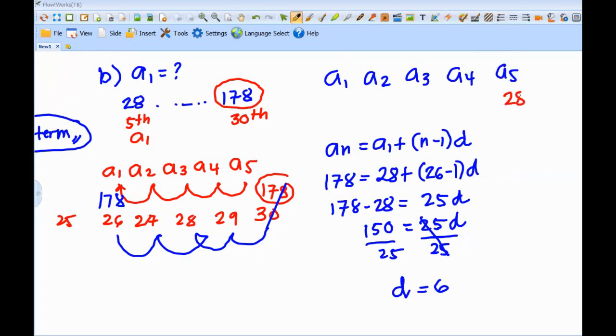JL, what is the next number, A sub 4, if our common difference is 6? 22. Next, what's the next number?